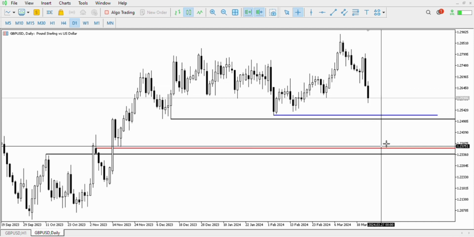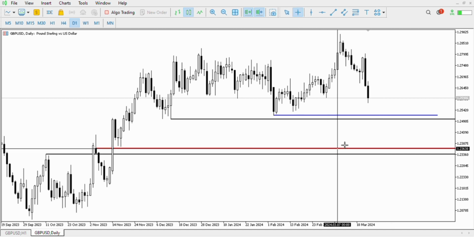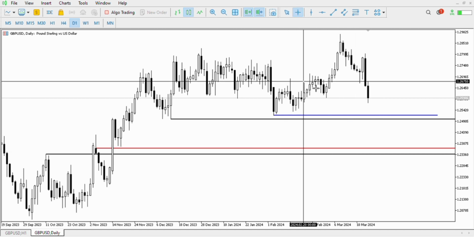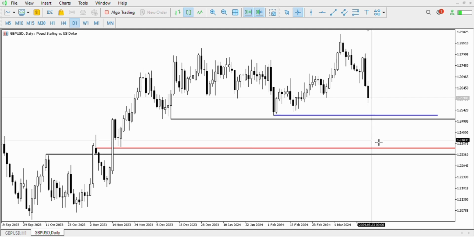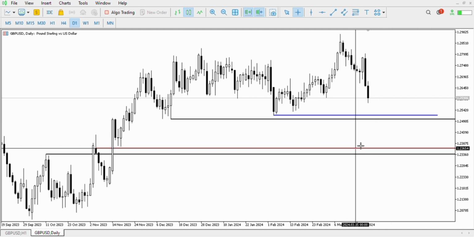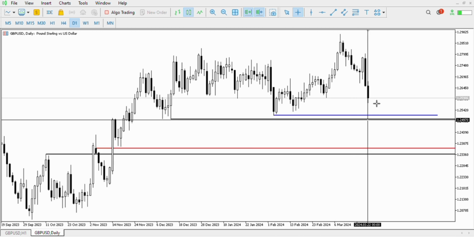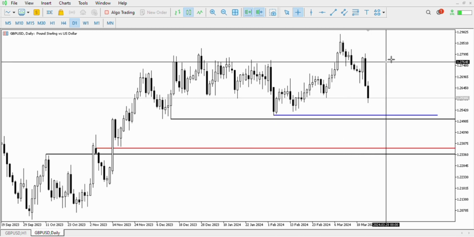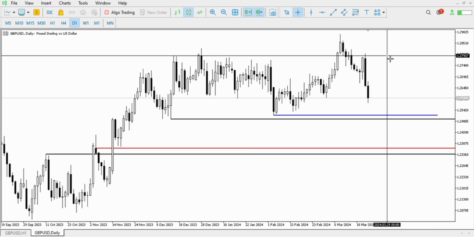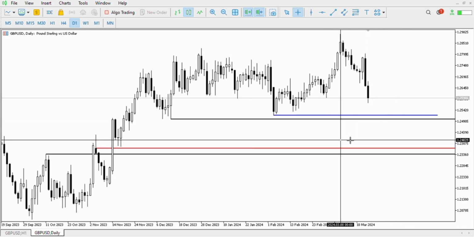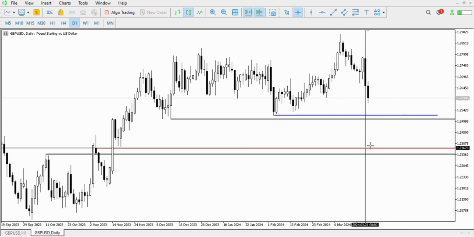So once price gets to this area, what we want to see is price get to this red line first, because if price gets a fair look up, it might start going all the way down to this red line right here. So if price gets to this point right here, it's possible that you might start seeing a kind of reversal candle all the way to the upside. But most preferably, since this is a weekly order block, I will advise you to look for a reversal move on the 4-hour time frame.